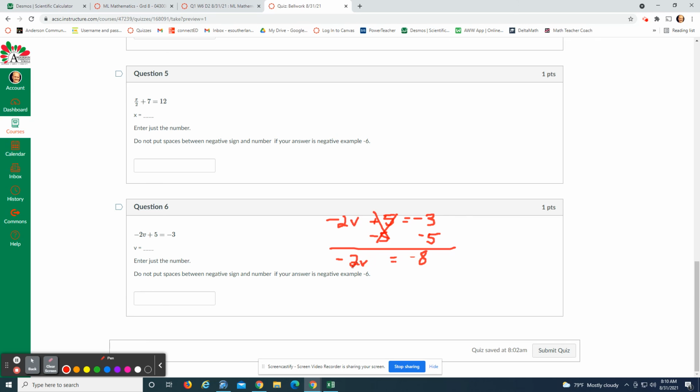How do I get rid of the -2? Divide both sides by -2. The -2's cancel. V drops down. -8 divided by -2 is +4. +4 goes right here in that box. If you're not sure how to do the negatives and stuff, use the calculator. You should be able to submit that and get a perfect score.